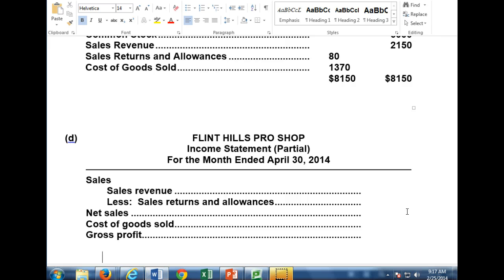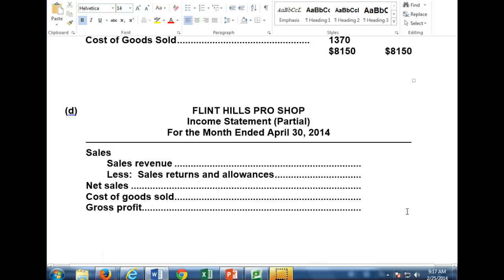On our trial balance, what is the amount of our sales? 2150. And sales returns and allowances is how much? 80. That gives us our net sales of $2,070. Our cost of goods sold is $1,370, which gives us our gross profit of $700.